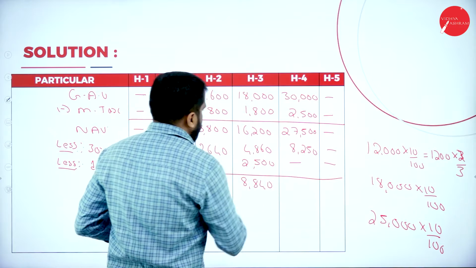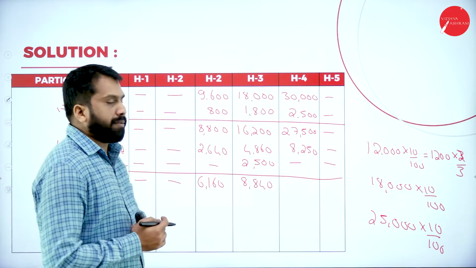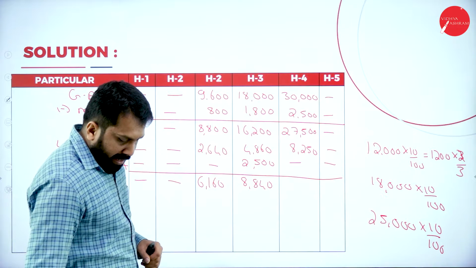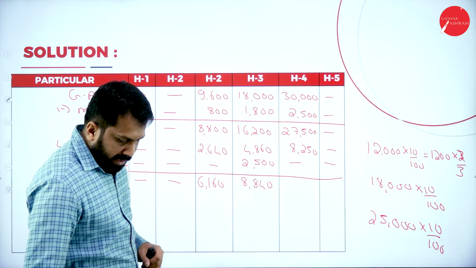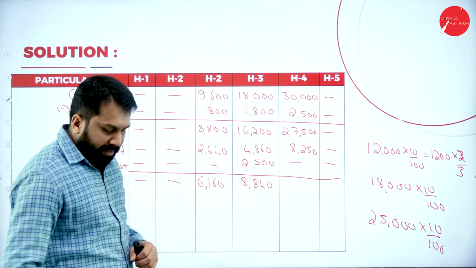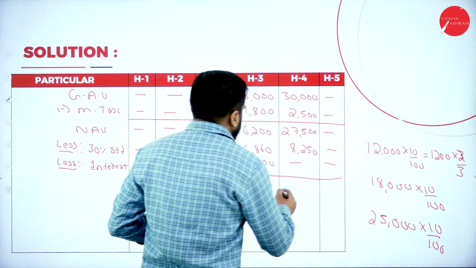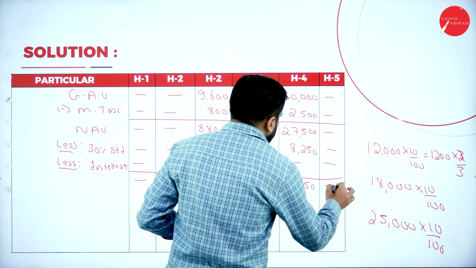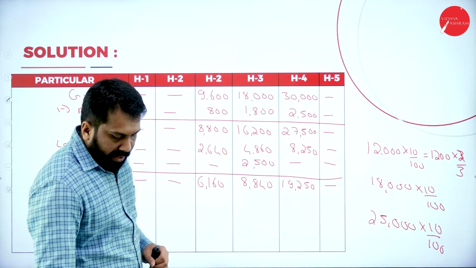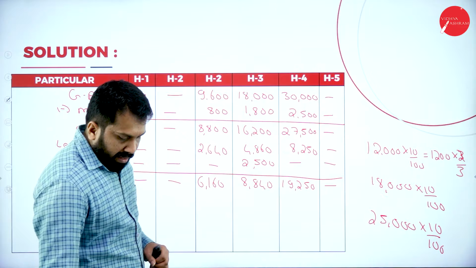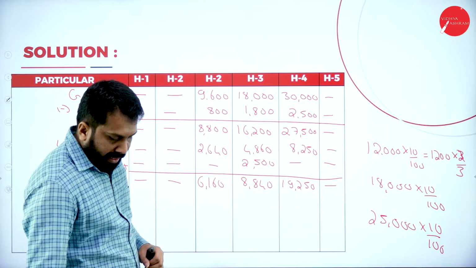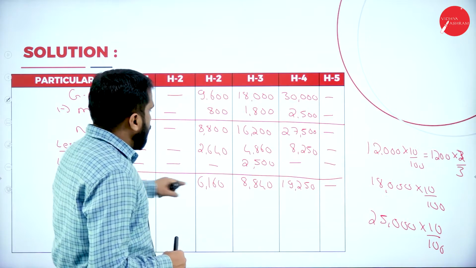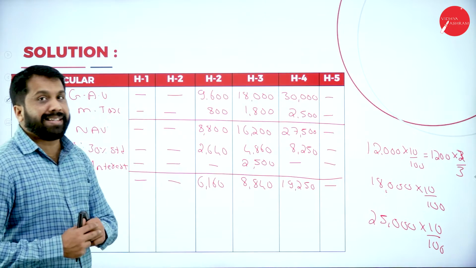You cross check once. Now 27,500 minus 8,250. You got 19,250. And the last house we are not calculating. Now hope up to this you are clear? Yes. So up to this we have completed.